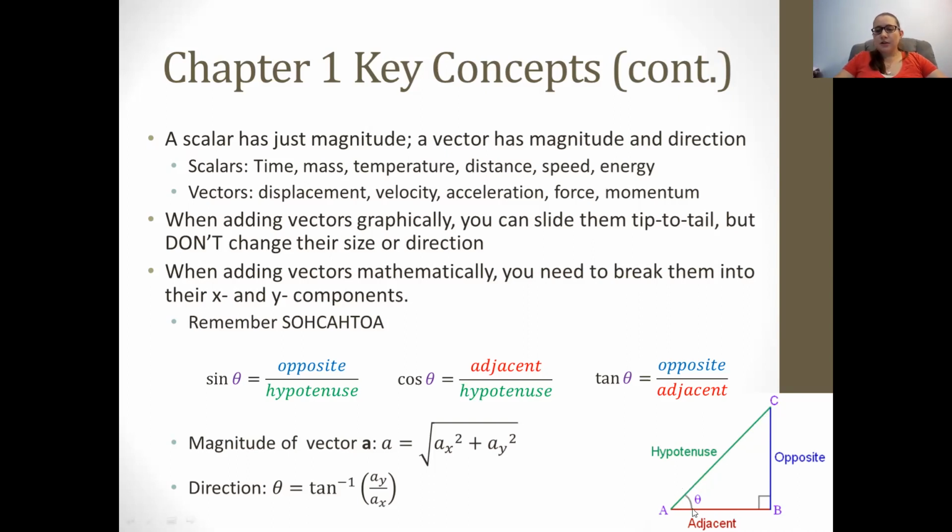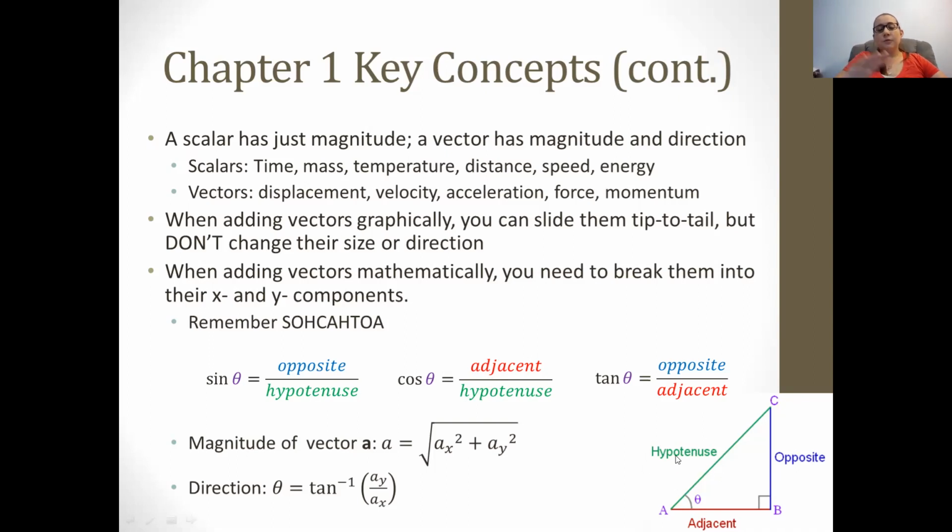So since this is our angle right here, and this side, the x side of the triangle, is adjacent or next to our angle, we would use the cosine function because that combines adjacent over hypotenuse. Right? If we were looking for the y component, typically we would use the sine function because that's the side opposite our angle over our hypotenuse.